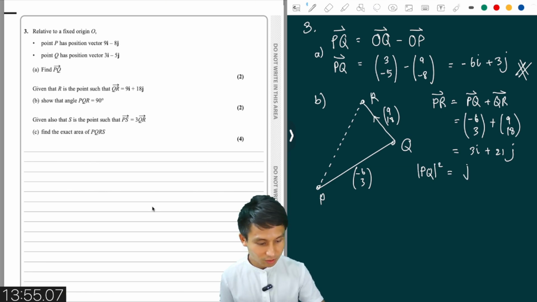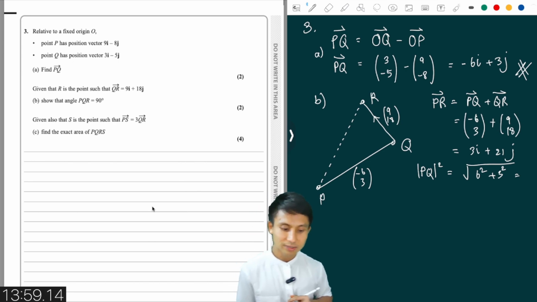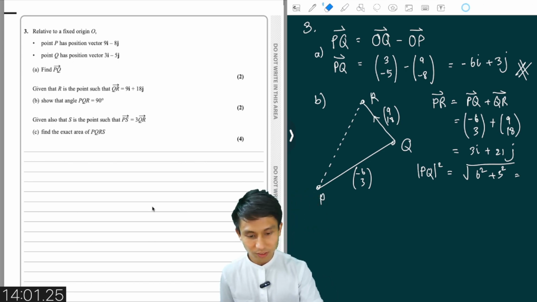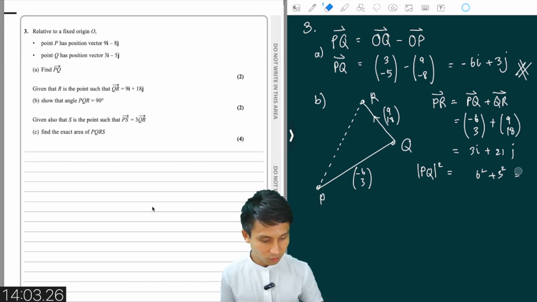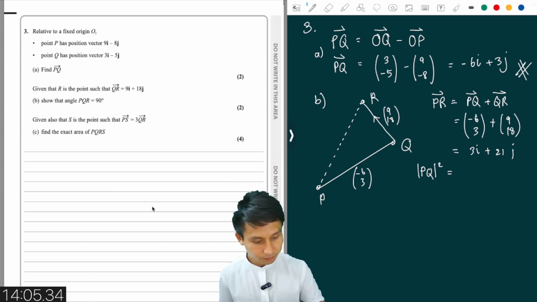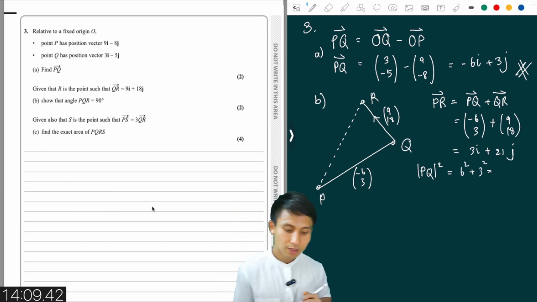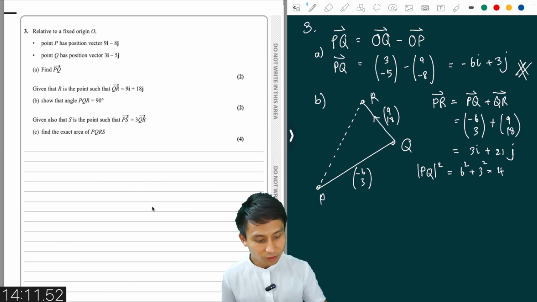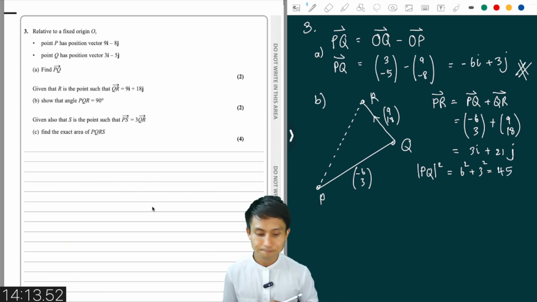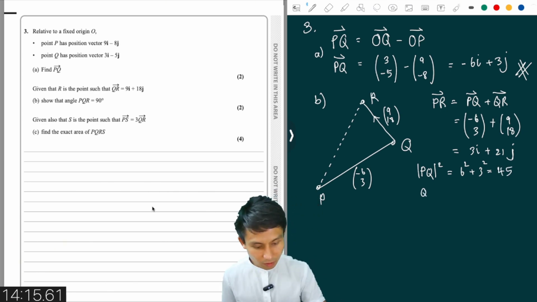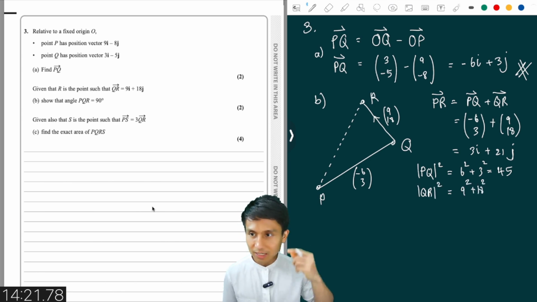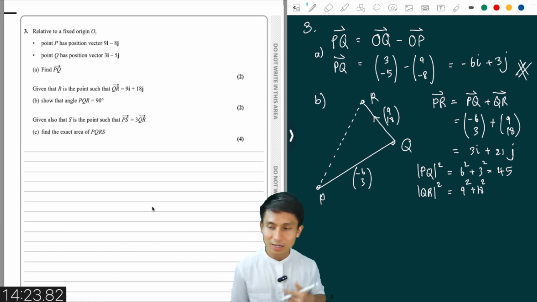PQ squared is just 6 squared plus 3 squared, we don't need the square root there because we're going to do the square first. 6 squared plus 3 squared, 36 plus 9 is 45. Yep. And then the QR squared is 9 squared plus 18 squared. I'm just taking the components and squaring them and adding them up.